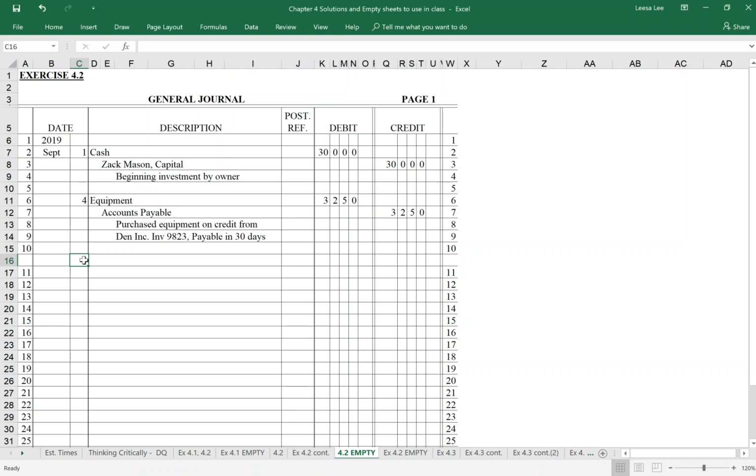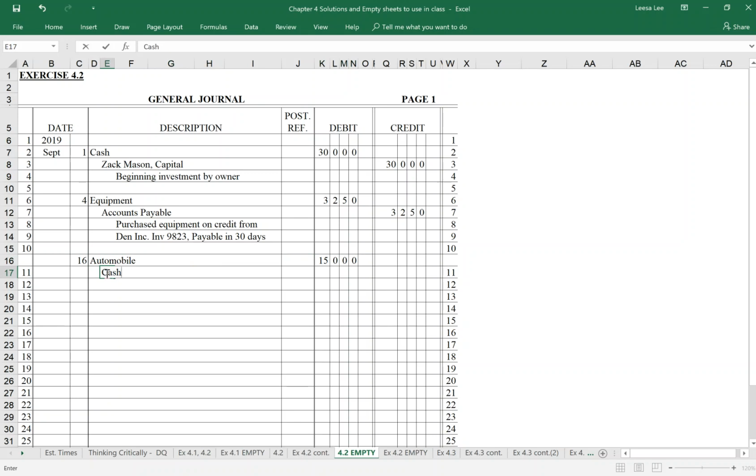The next transaction is on the 16th. We read it: purchased an automobile that will be used to visit clients. Issued a check for $15,000 in full payment. So we received a car. That is our asset, and assets increase on the debit side. The account is called automobile, and that was $15,000. And we paid cash for it.